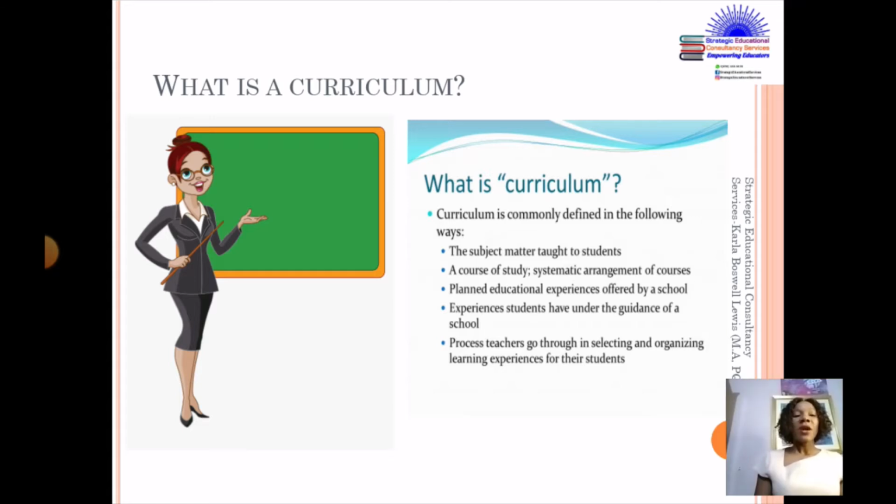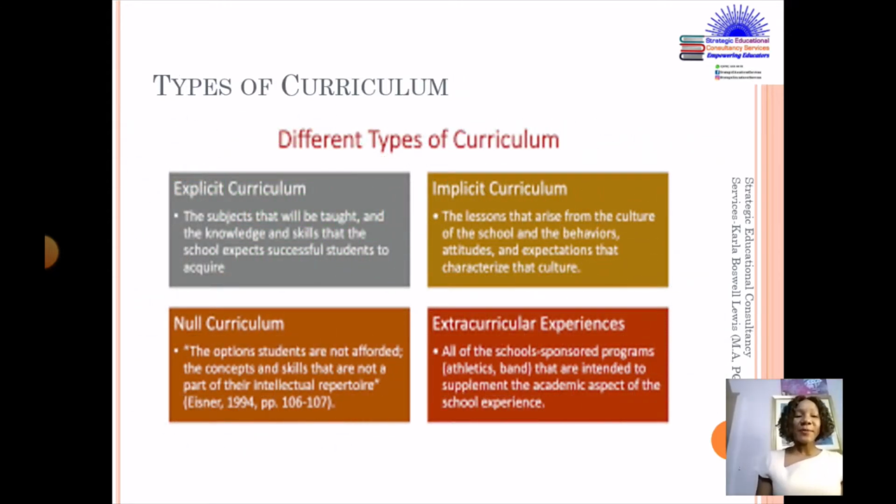And finally, the process teachers go through in selecting and organizing learning experiences for their students. Whichever way we define it, these are the different ways in which we define the word curriculum. Now, there are different types of curriculum, and we're just looking at maybe 4 or 5 in this setting.